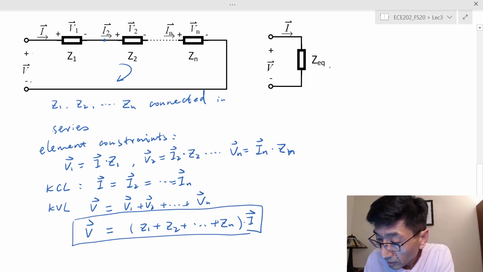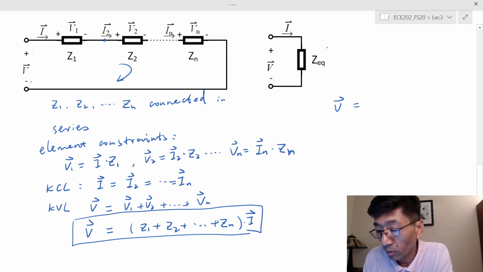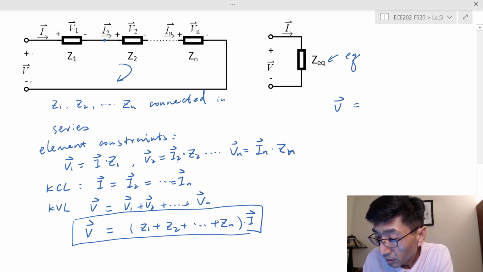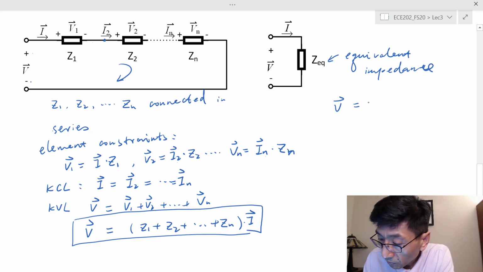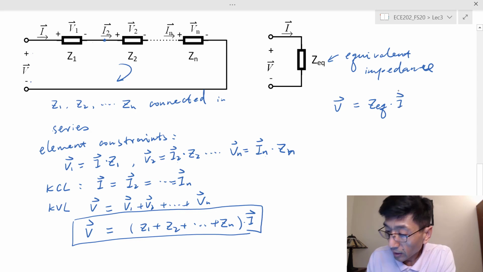That's for the one on the left. On the right, we have the equivalent impedance, with V and I. This is easy: V and I follow the passive sign convention for Z sub EQ, the equivalent impedance. For this equivalent impedance, V is going to be ZEQ times I. In order for these two to be equivalent, they must have the same VI characteristic.